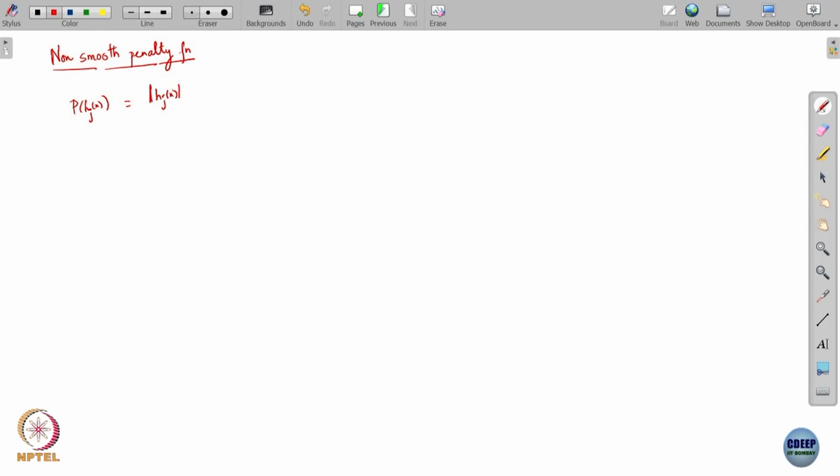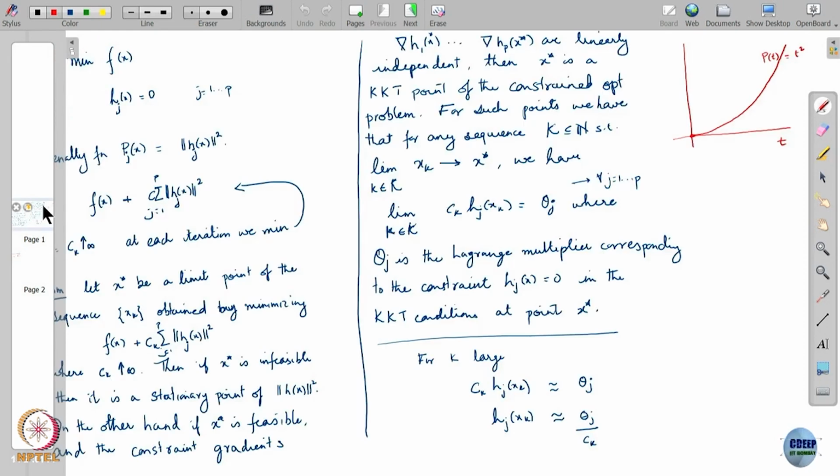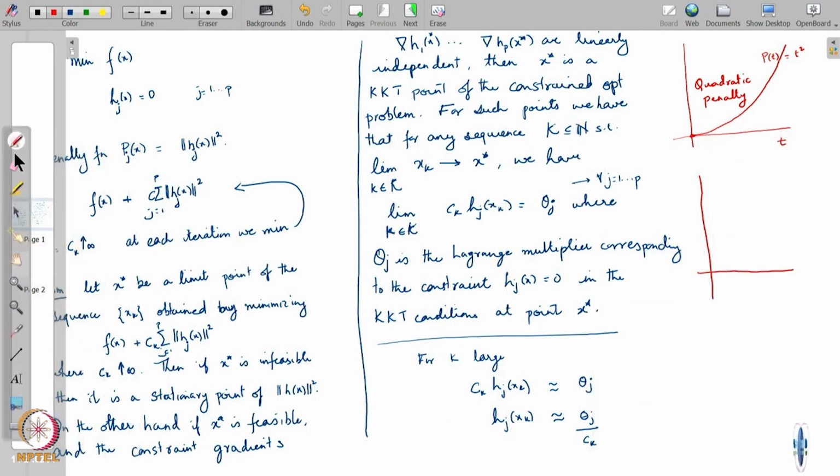Now, this function unlike the one before, this is your quadratic function, quadratic penalty. The one where you are using the modulus or the absolute value, that function would look like this.